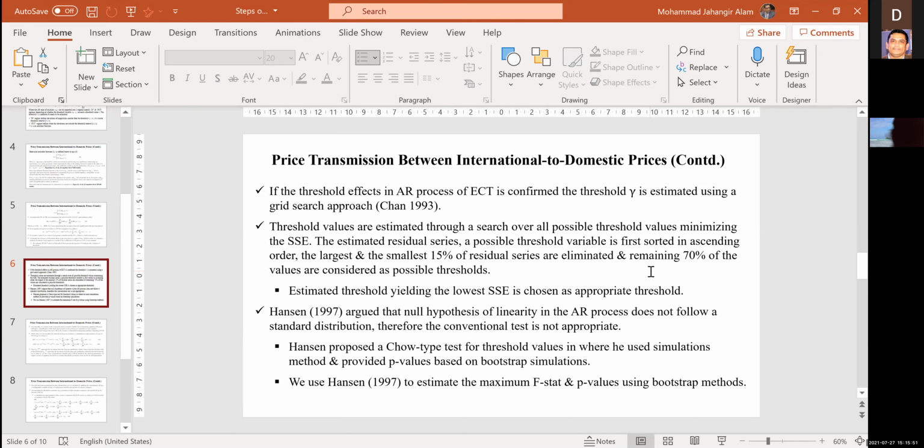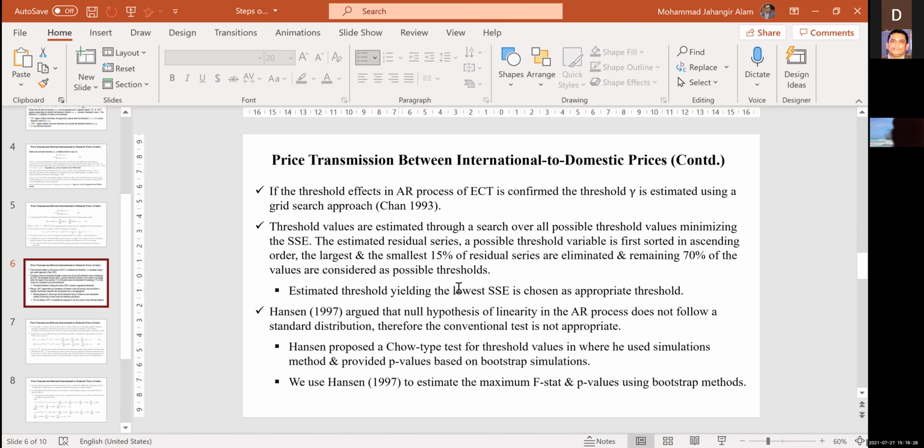That's also called truncating. This 30% of observations, the lowest 15 and the highest 15, is removed because we don't expect that the threshold, or the transaction cost value, could be within that range. So we use the middle 70% of the values as possible thresholds, but we do not know exactly which one is the threshold.